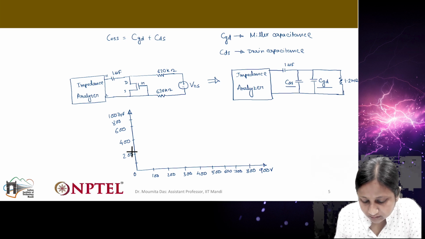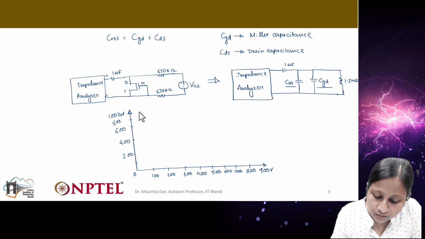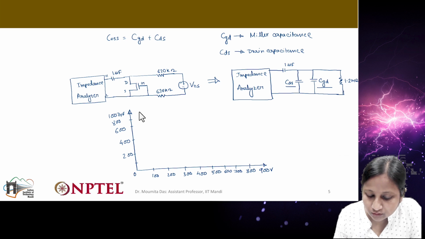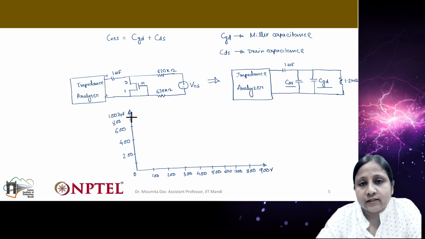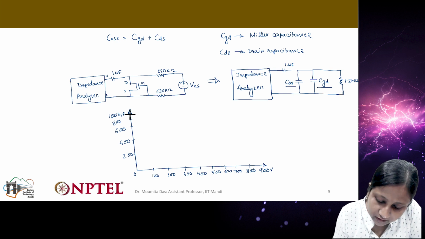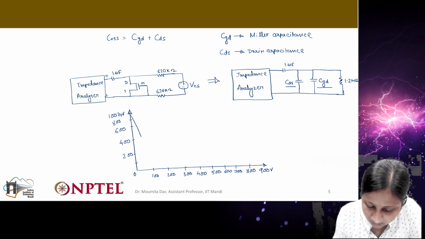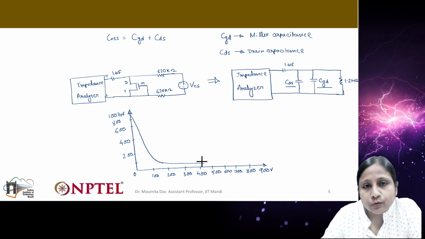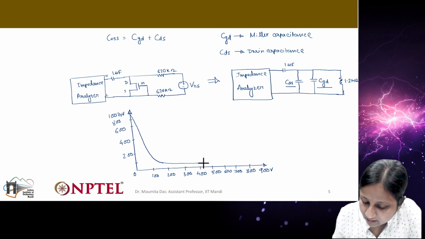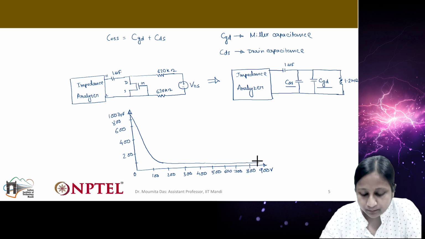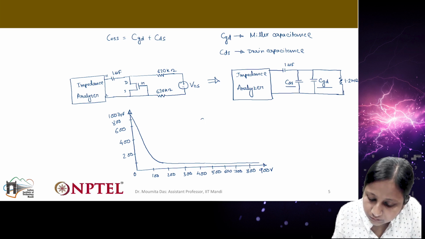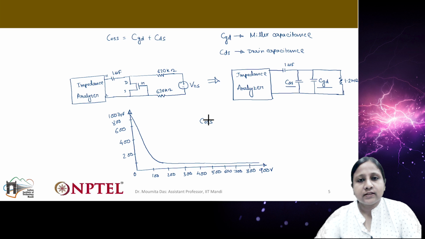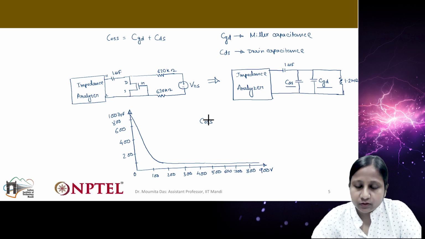Now when I try to draw the capacitance, initially this output capacitance will start from a very high value, let's say 1000 picofarad, and it will go to a minimum value when the drain to source voltage reaches a certain level, and it will remain close to the minimum value throughout the voltage range. For any device the characteristics look a little bit like this.